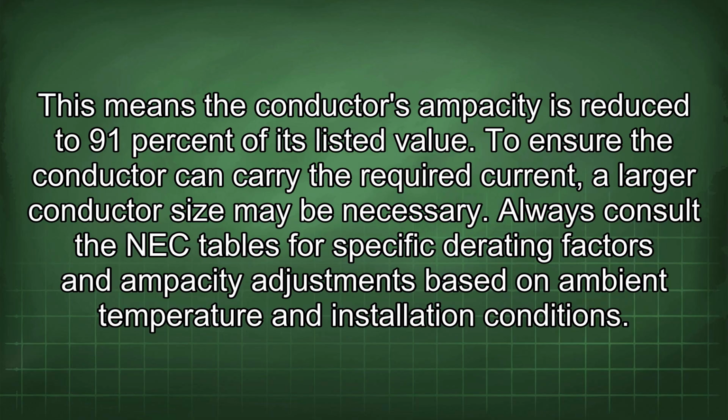This means the conductor's ampacity is reduced to 91% of its listed value. To ensure the conductor can carry the required current, a larger conductor size may be necessary. Always consult the NEC tables for specific derating factors and ampacity adjustments based on ambient temperature and installation conditions.